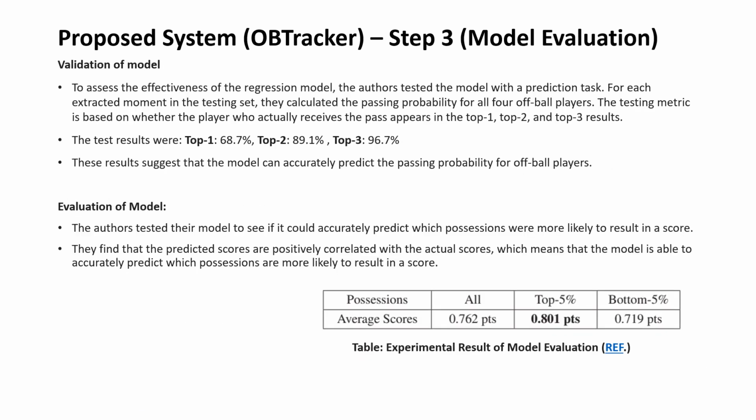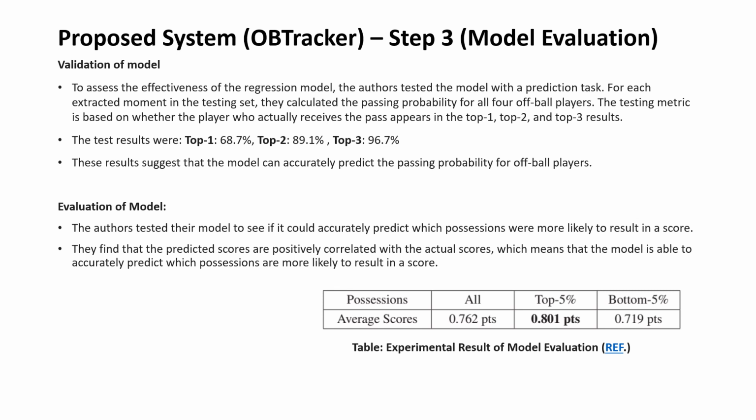Now, as a next step, the author performs the validation and the evaluation of the model. In validation of a model, the trained regression model is tested with a prediction task, which is whether the person doing the off-ball movement will receive the pass or not.